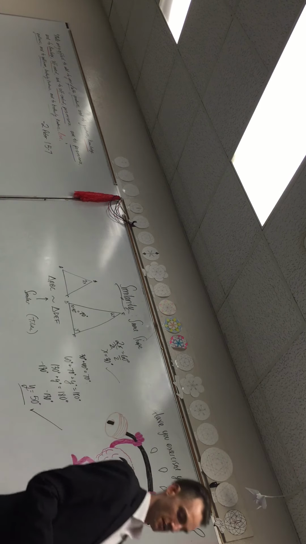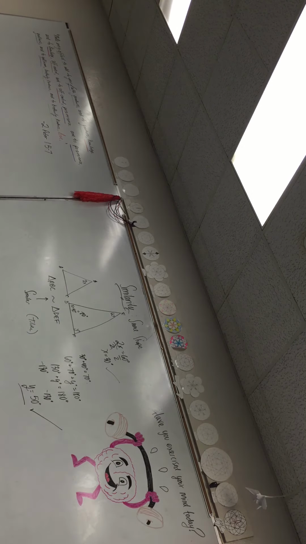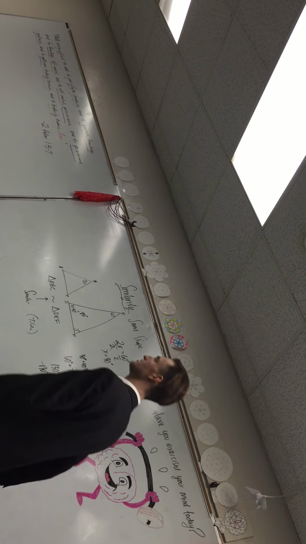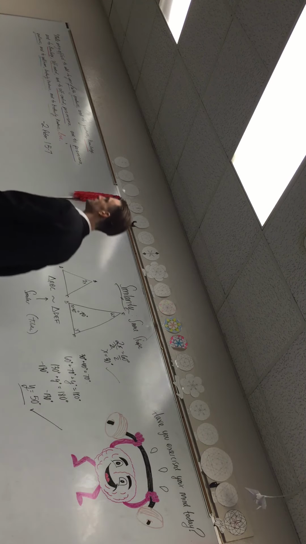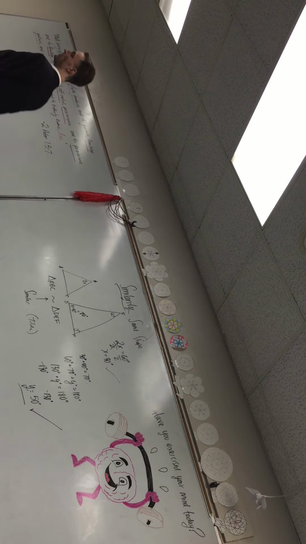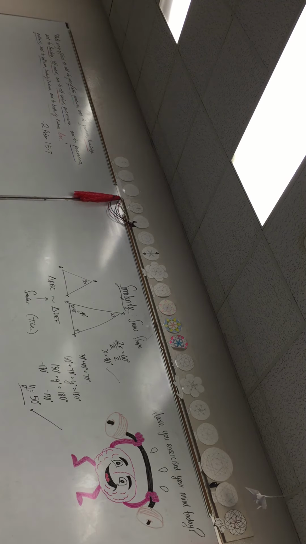How do you guys feel about all this stuff? Excellent. Good? Alright. Well, that's it for the lesson for the day. That's pretty solid. Just reviewing our major concept. Similar triangles, or similar polygons, the angles are congruent.